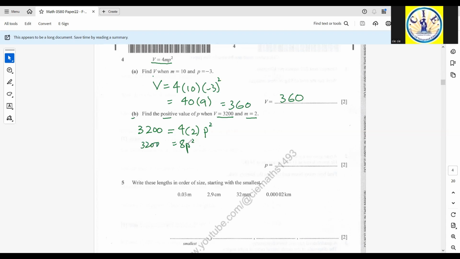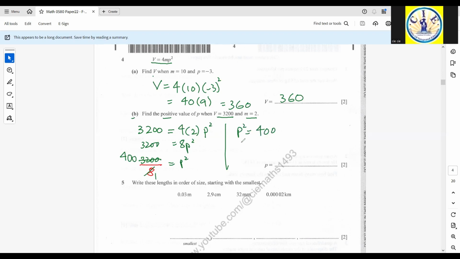Now you need to see that 8 is being multiplied with p squared, so when it is shifted to the other side of the equality, it gets divided by 8. That is equal to the value of p squared. 8 fours are 32 and then 2 zeros. So I come up with p squared is equal to 400.